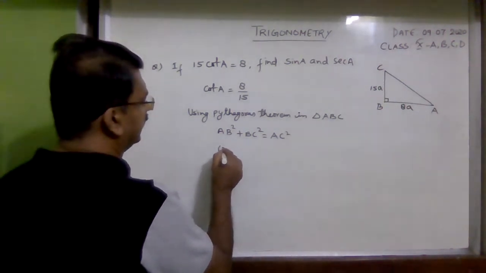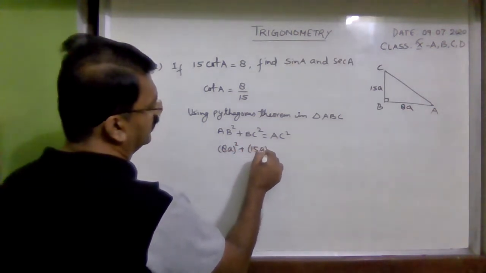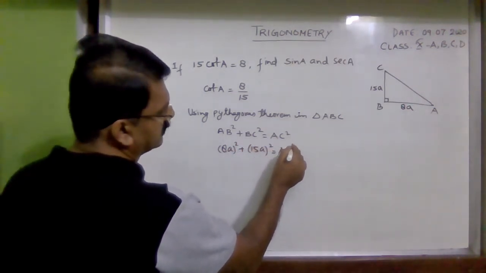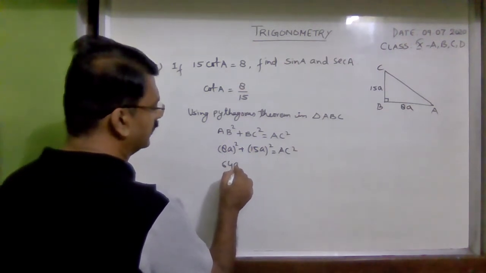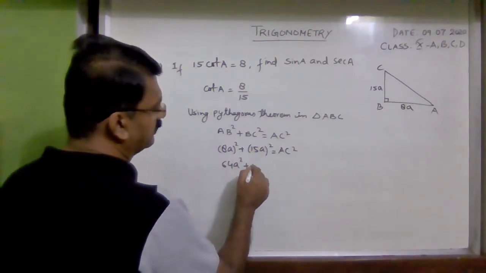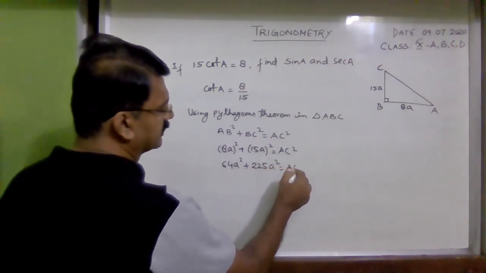Means 8A whole square plus 15A whole square is equal to AC square. Now 8A whole square means 64A square and 15A whole square means 225A square is equal to AC square.